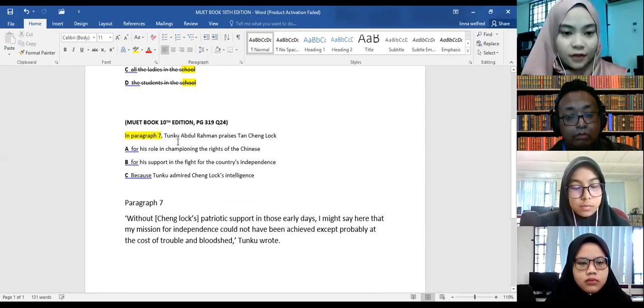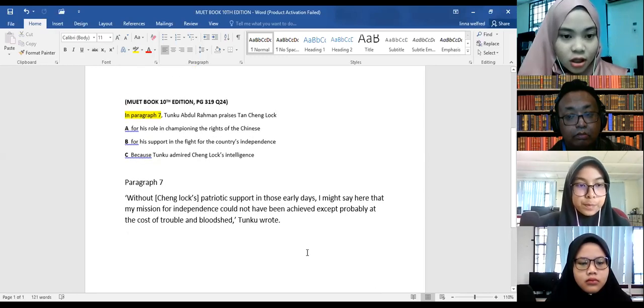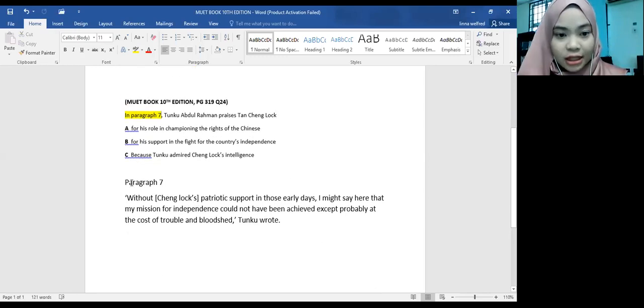As I mentioned before, this is an indirect question because there is a pronoun in the sentence given. Second, for the indirect questions, you need to highlight the keywords from the answer options.